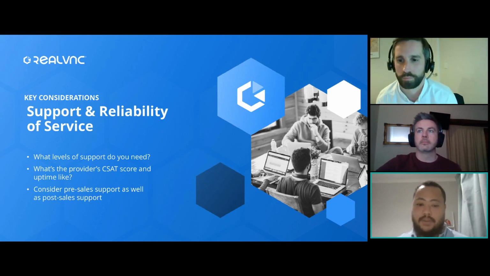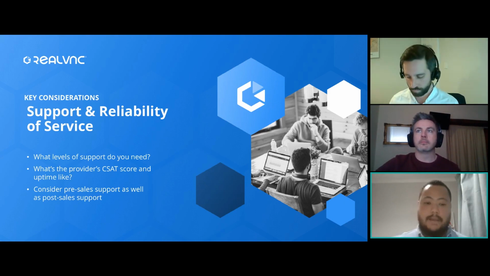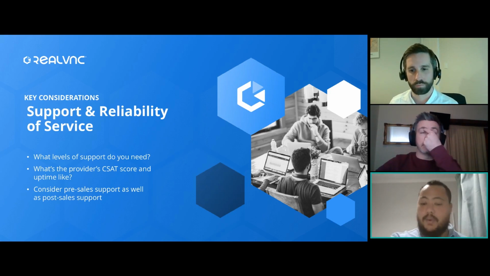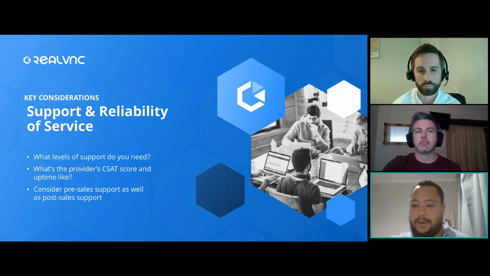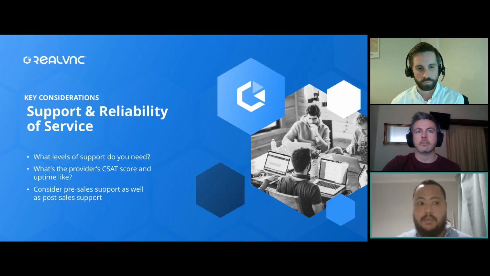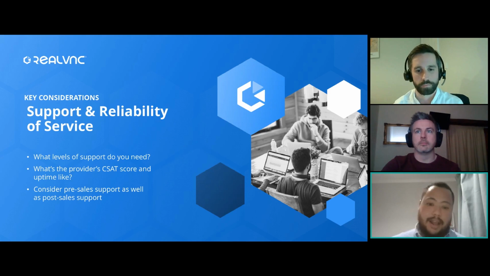So from a business perspective, it was really tricky to make sure that we could find that balance of getting them further down the line in terms of what their objectives were, and making sure everyone in those factories were happy as well. So it really depends on every single business. But what I will say is we have a fantastic support team here at RealVNC. From our account managers to our customer success executives, you're not going to be speaking to a robot at the end of the phone.